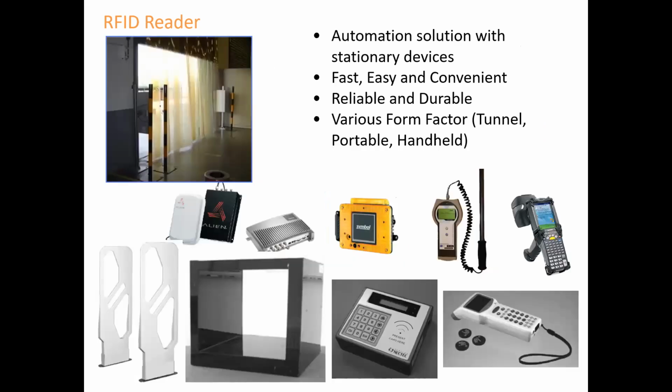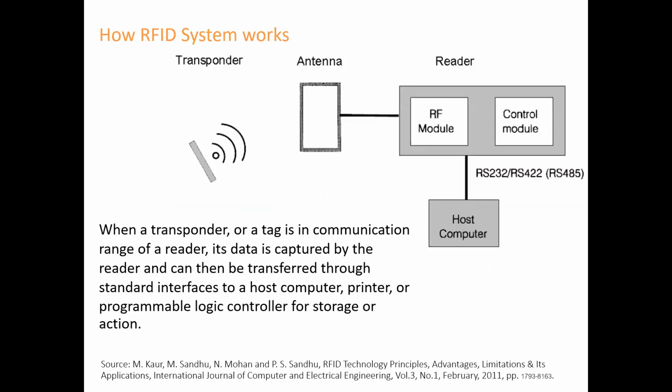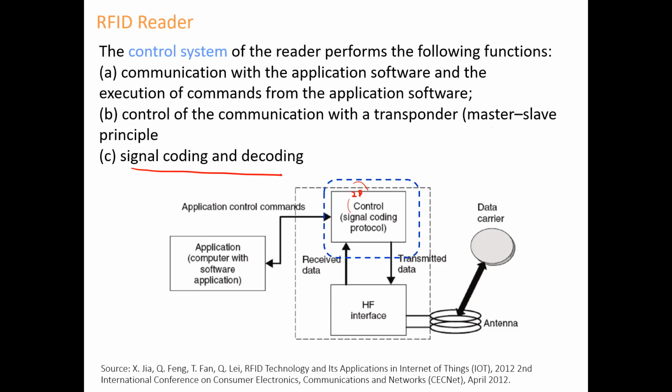And for the high frequency interface, this part is like when you send information as a wave, right? A high frequency radio wave. And then the HF interface means that this part will receive a high frequency from the tag.